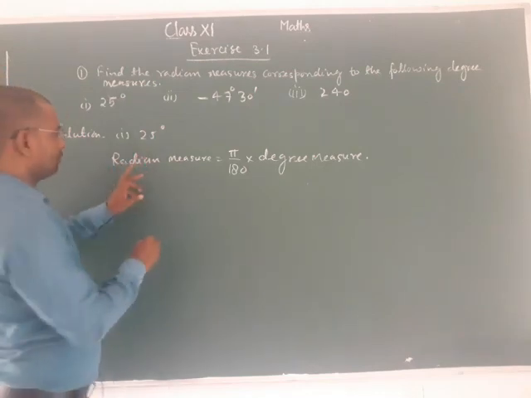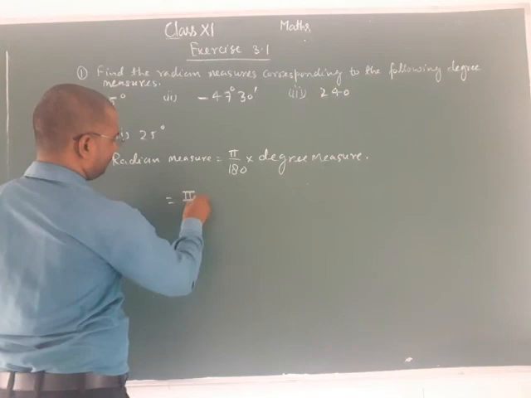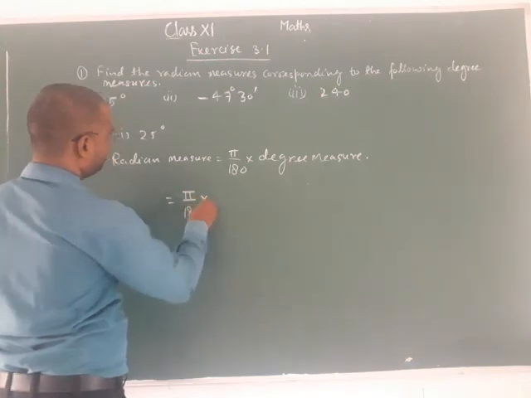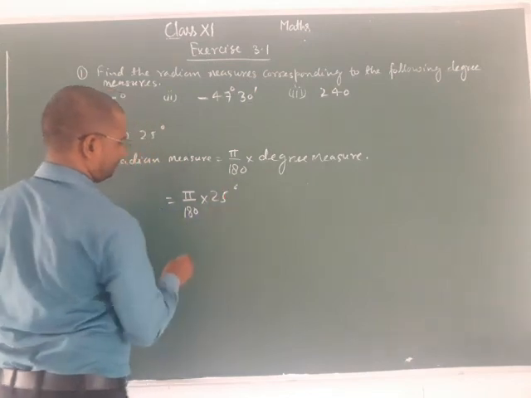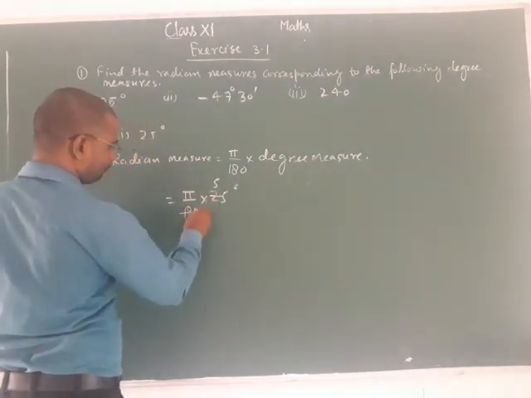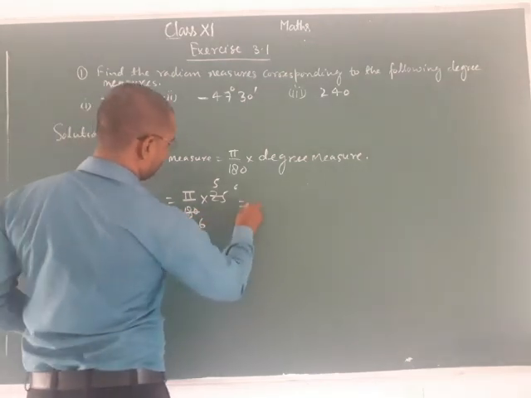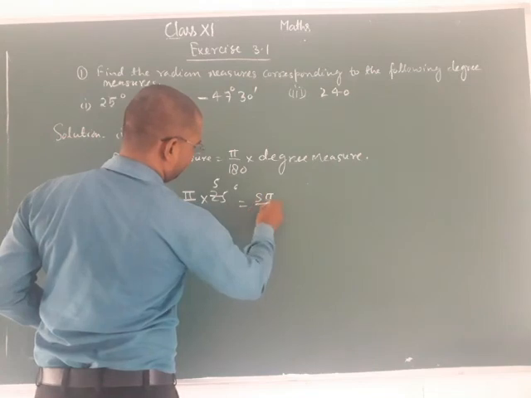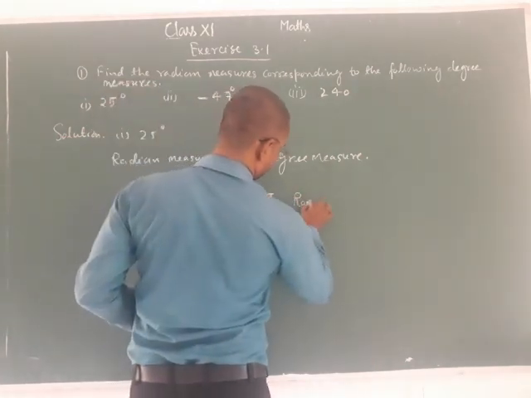Put 25 here. Now 5 5s are 25, 5 3s are 15, 5 6s are 30. So 5 pi upon 36 in radian.